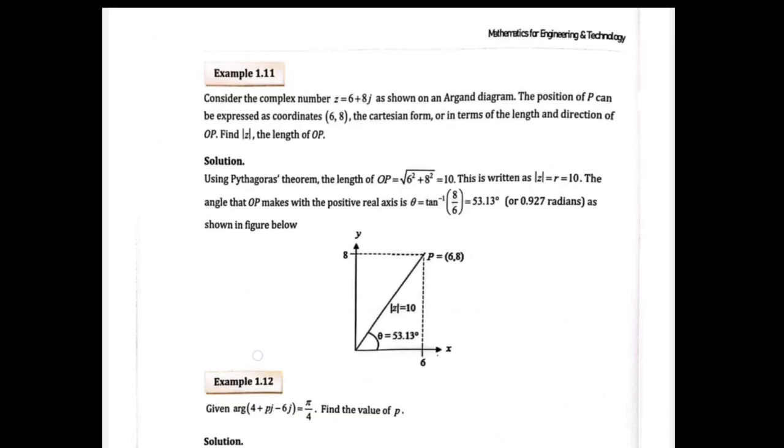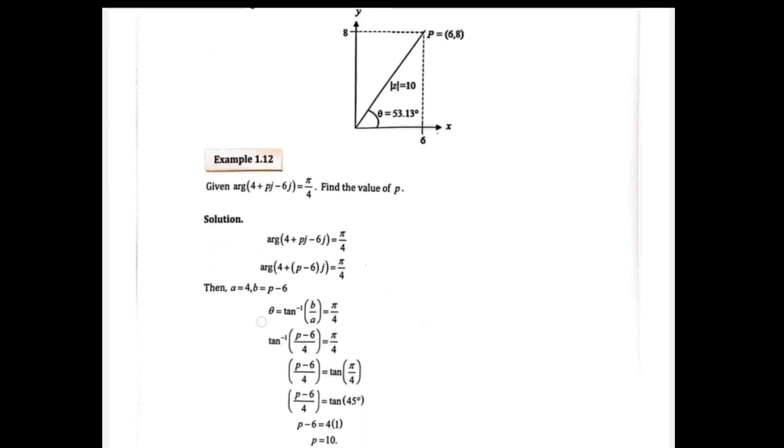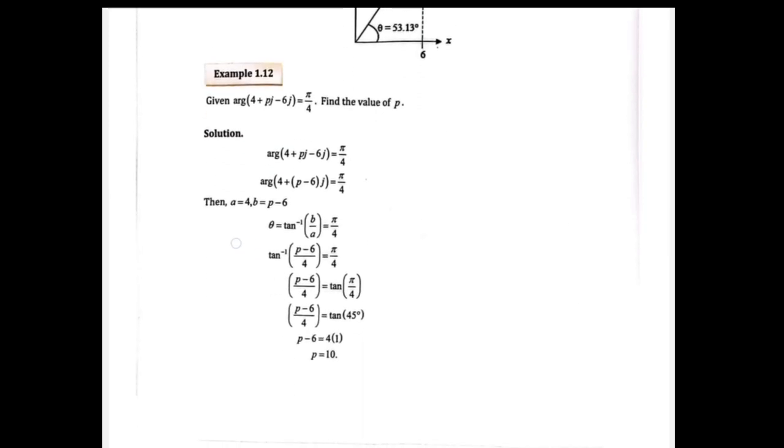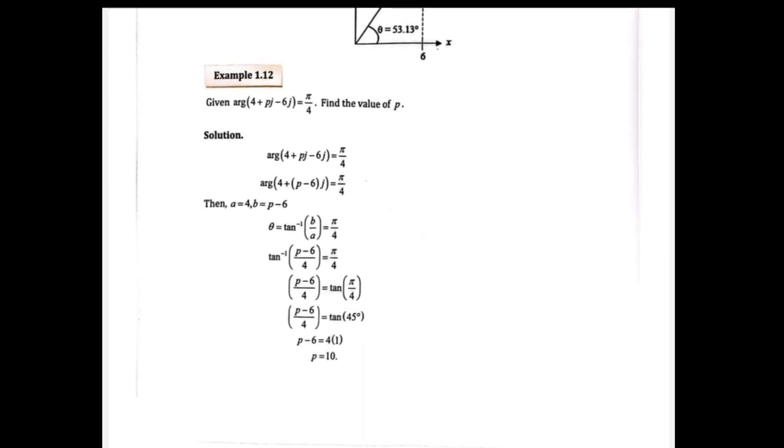Sometimes we are given the argument and need to find a missing value. For example, the argument of p plus 4j minus 6j equal to pi over 4. So firstly, we will need to factorize this out.